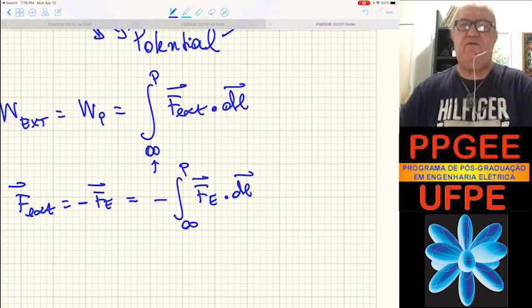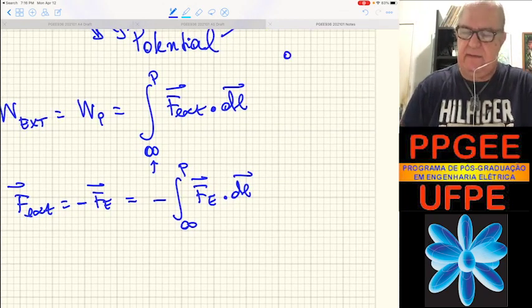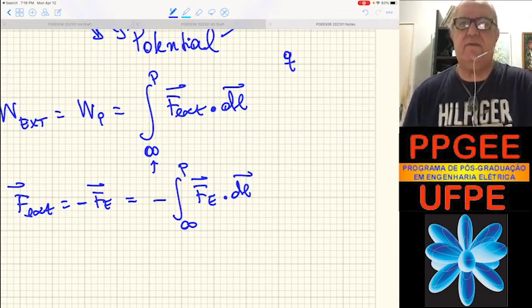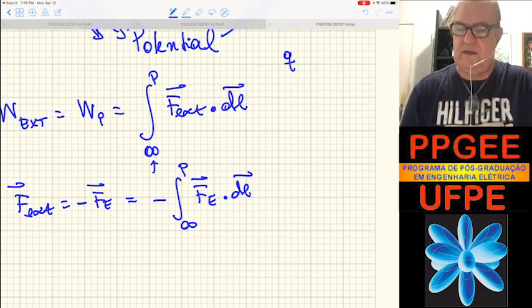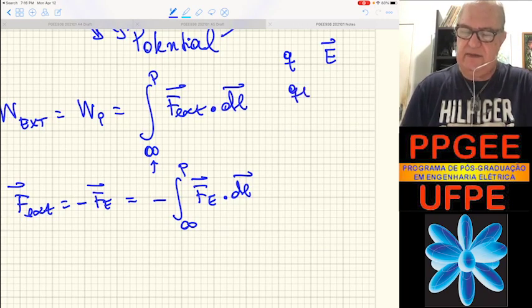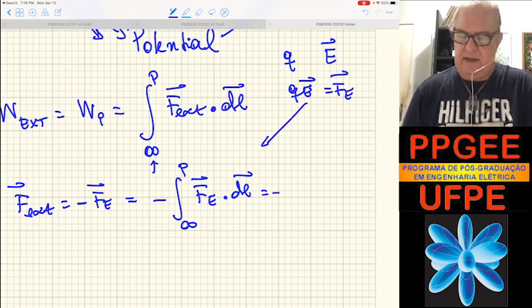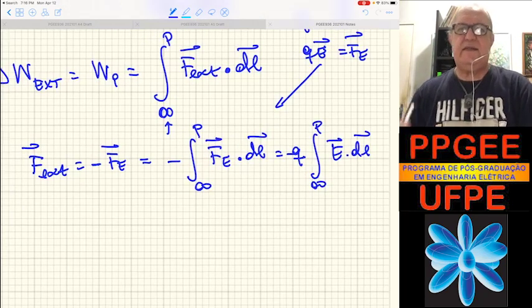And we know that the force that a point charge Q feels in an E field is going to be Q times E, which is the electric force. So we plug that in here. It's going to be minus Q integral. I'm not saying what the path is.